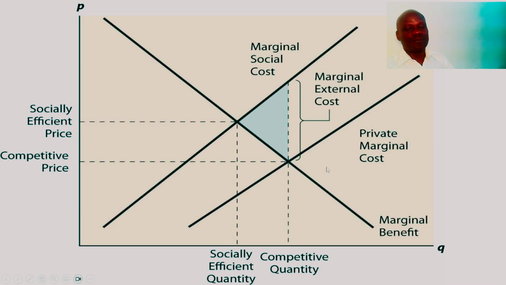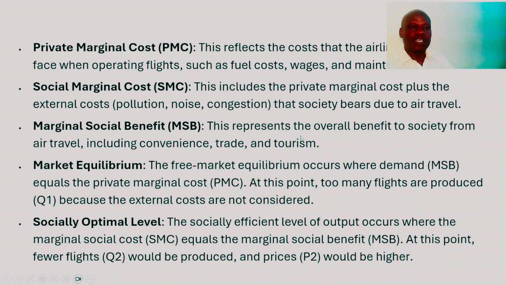That difference is what we define as marginal external cost. And that is the cost that is borne by the society, which the airlines are not accounting for. If this cost was to be accounted for, then prices reflected in the ticket would change, and demand for airlines will adjust in line with demand and supply and price.